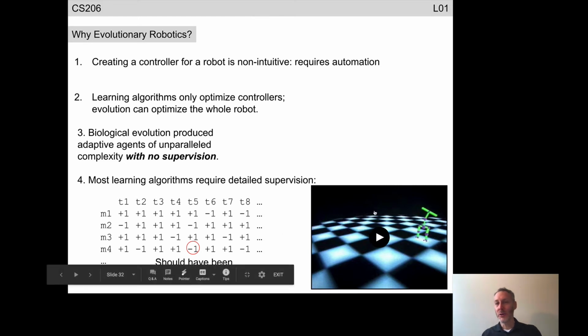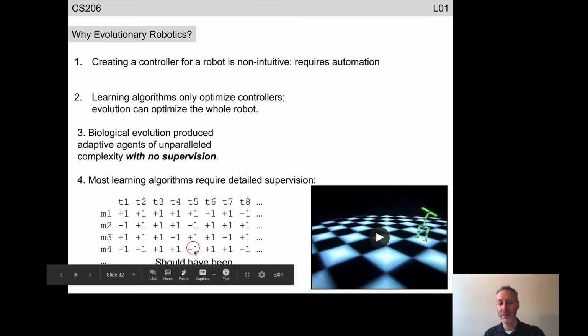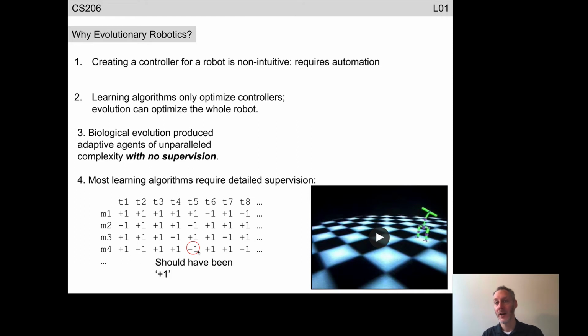If it falls over, where in the brain of this robot or where in the matrix of this robot does the problem lie? How would we know that the problem was actually here? At 5 seconds into this video, the wrong command was sent to motor 4. The left knee of the robot extended when it should have flexed.